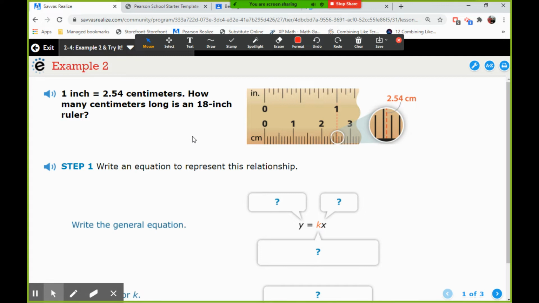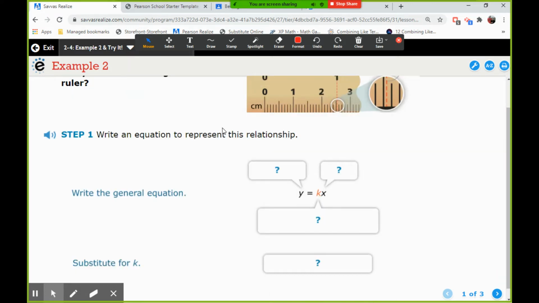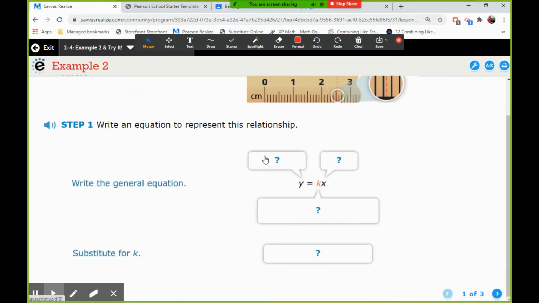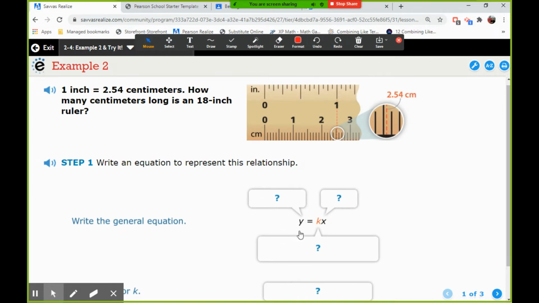So we need to write an equation to represent this relationship. Y, our output, our answer, is equal to k, our constant of proportionality, times x. In this instance, we're multiplying however many inches there are times 2.54 to get centimeters. So 2.54 is our constant of proportionality, what we're multiplying by.